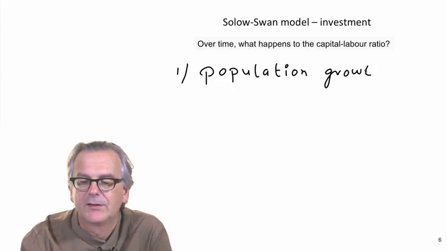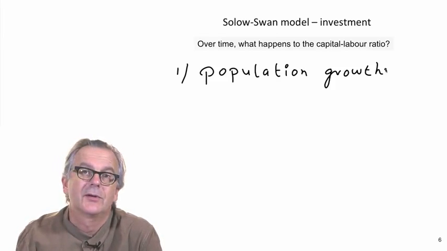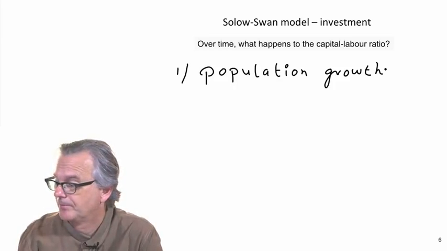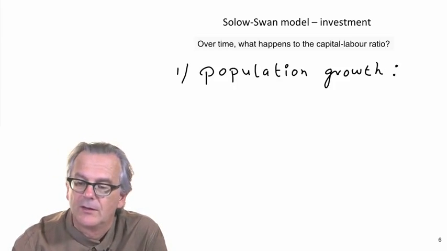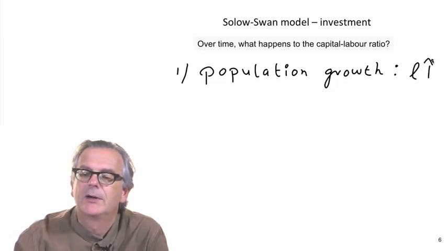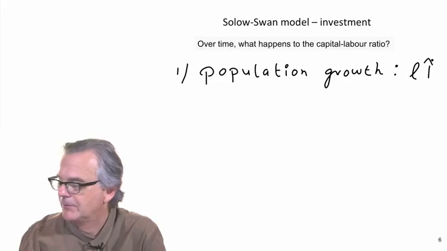An increase in the size of the population, which, remember, given our assumption that everybody works, means an increase in the size of the labour force. So we're going to use the letter L for our population, and all we're recording here is the tendency over time for populations to get larger.